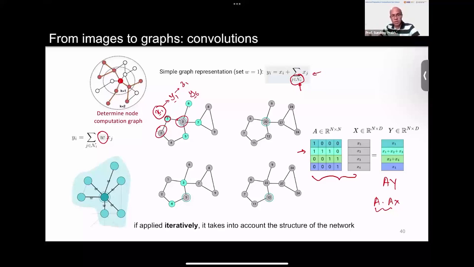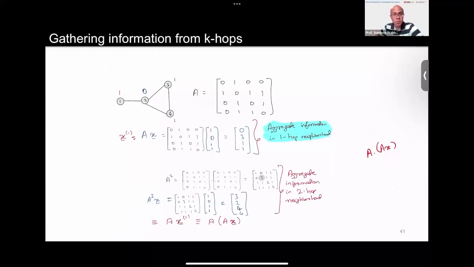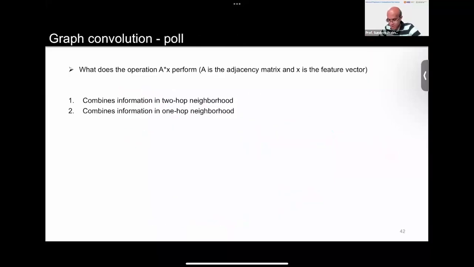Depending upon how deep we want to go while extracting this information, we can go with AY, A squared Y, A cubed Y, and so on. These are basic operations to gather information from different hops. These things are put together to define what is known as a graph convolution. Let's take this poll to reflect on what we just discussed so far.